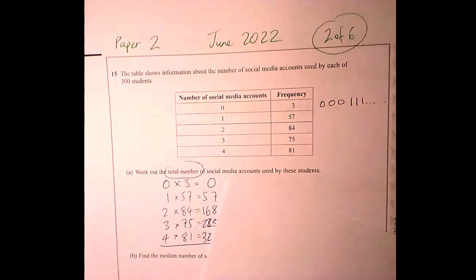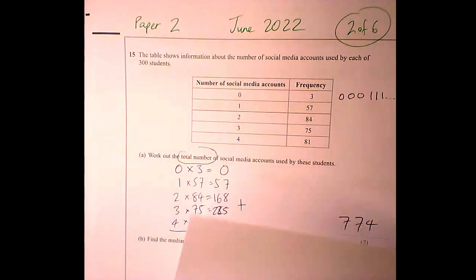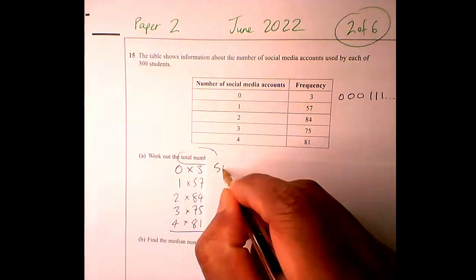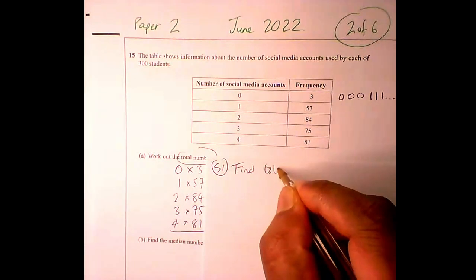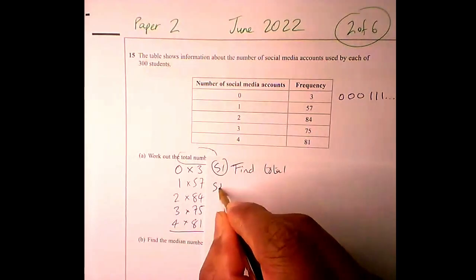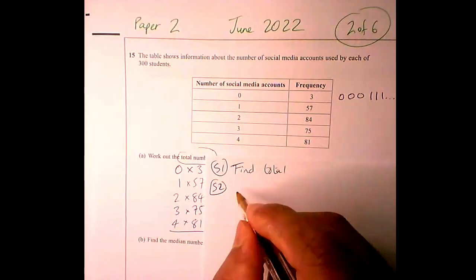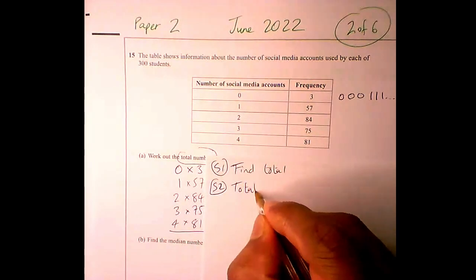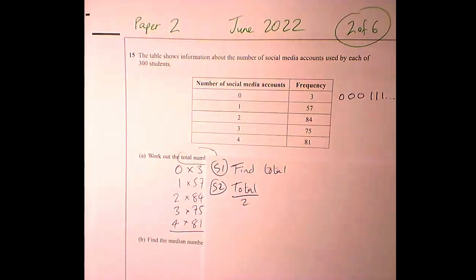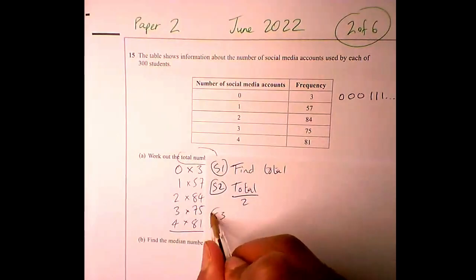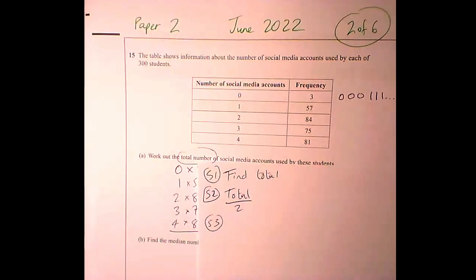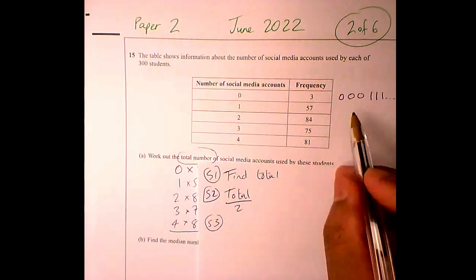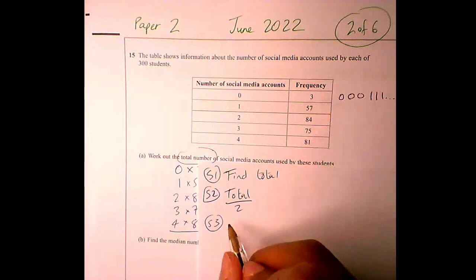Step 1 is find the total. Step 2 is I want to divide the total by 2. I'm looking for the middle number, so I divide by 2 to give me the median value.